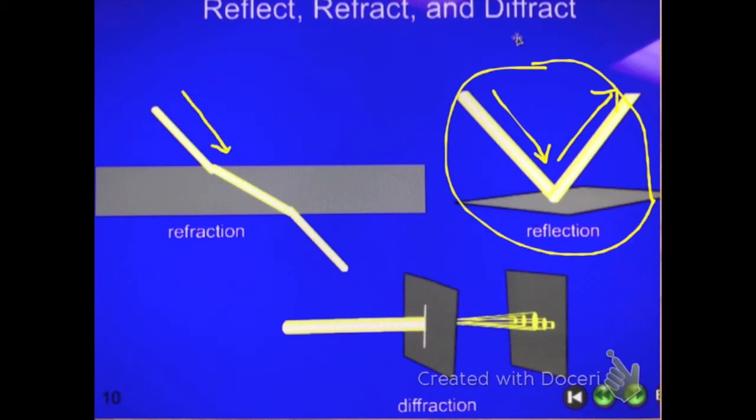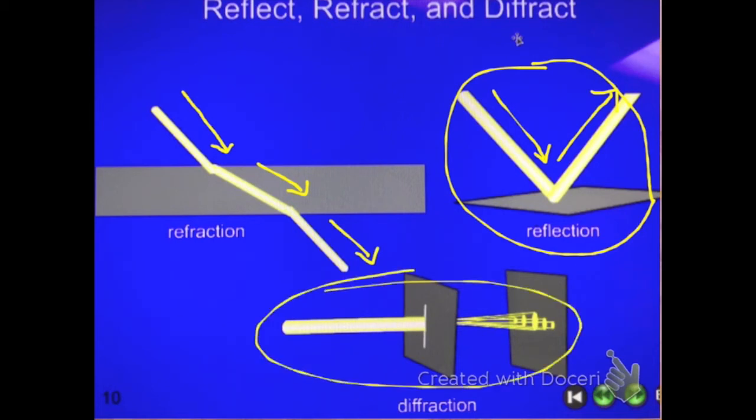So it's going at a different speed through here than it is anywhere else. So it looks like it moves. And then diffraction is when it passes through a slit or an opening, an edge. And so then it ends up diffracting all the particles, so it looks different right in here.